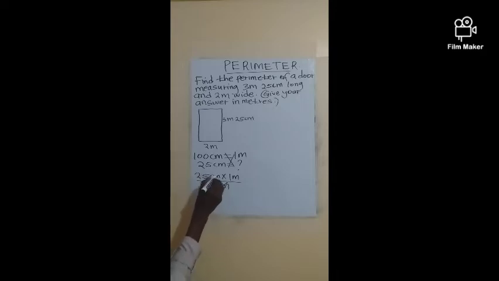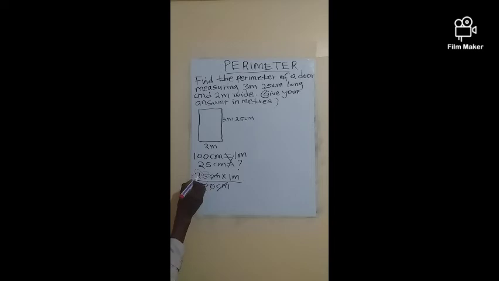We cancel the centimeters. Then we now cancel. You cancel 1 zero, you move a decimal point. You cancel another zero, you move the decimal point.